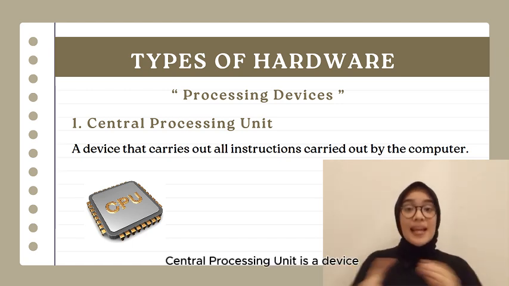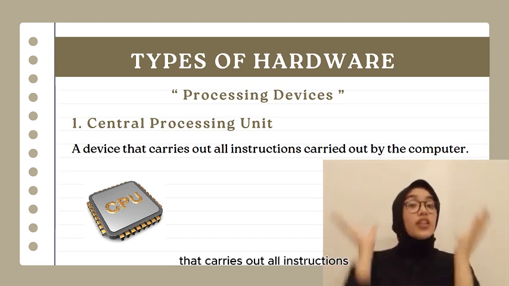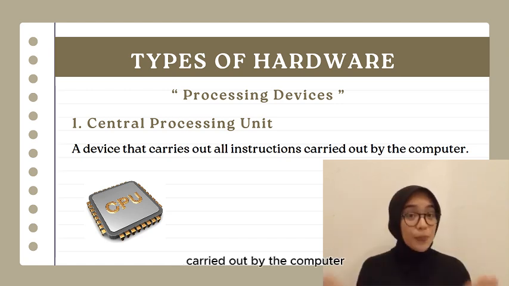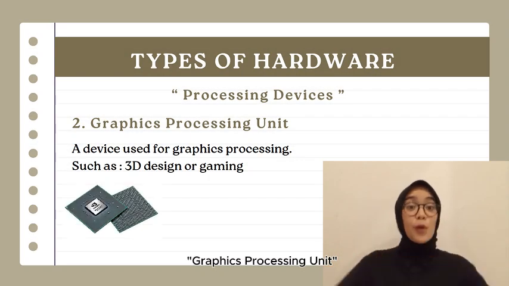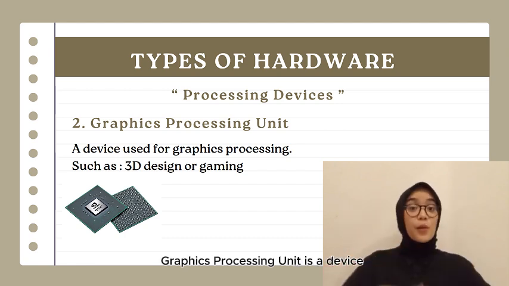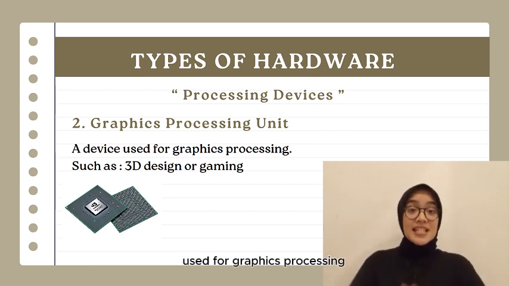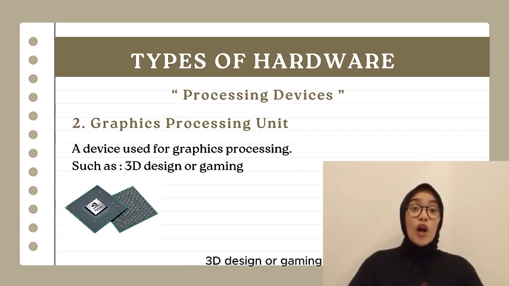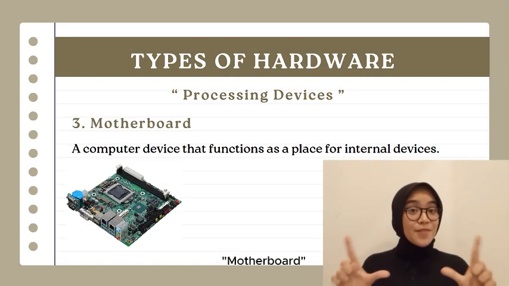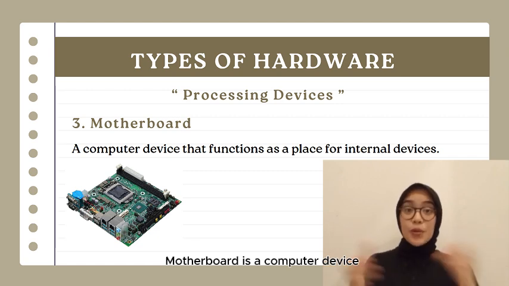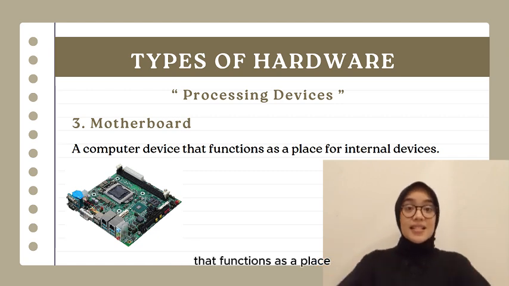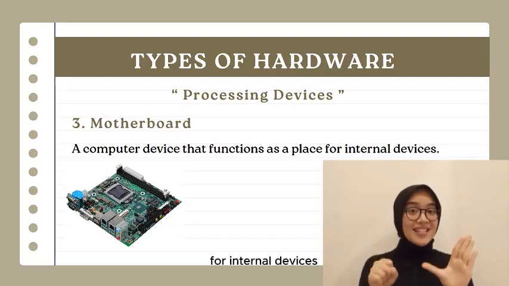The central processing unit is the part that carries out all instructions in the computer. Graphic processing unit. A graphic processing unit is a device used for graphic processing such as 3D design or gaming. Motherboard. A motherboard is a computer device that functions as a place for internal devices.